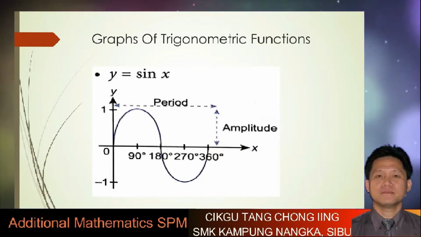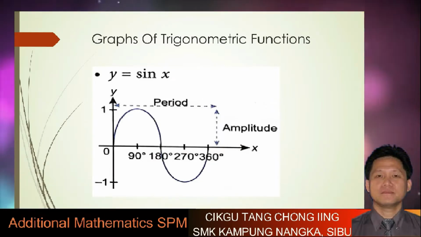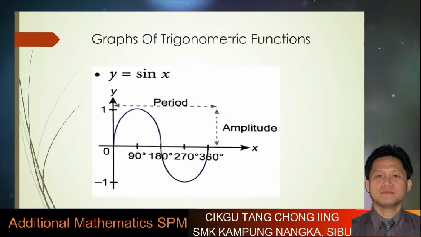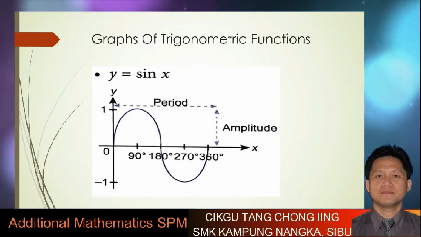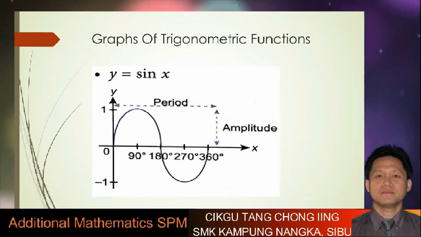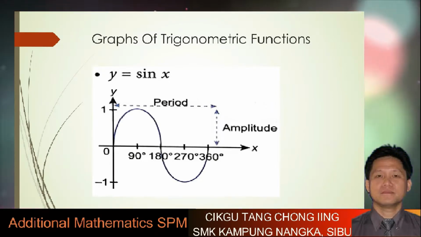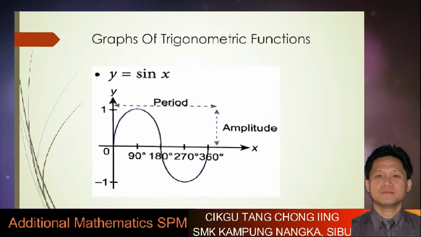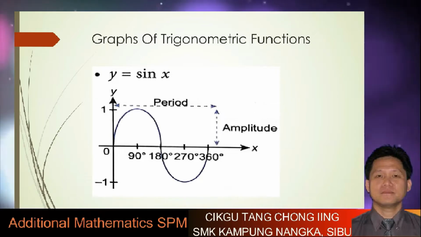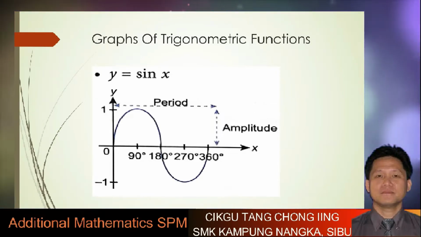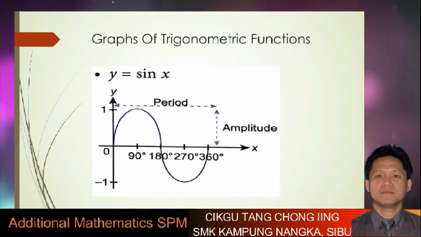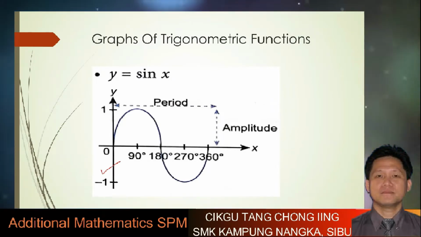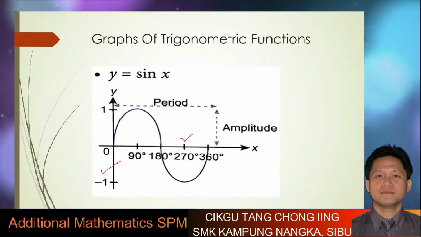Now for the graph y equals sine x, you see that when x equals 90, we have the highest point here where the value of y is equal to 1, and therefore the amplitude for the graph y equals sine x is 1, and maximum value 1 here. For this y equals sine x, the maximum value is 1 and the minimum value is negative 1. Right? Minimum value happens when x equals 270 degrees.